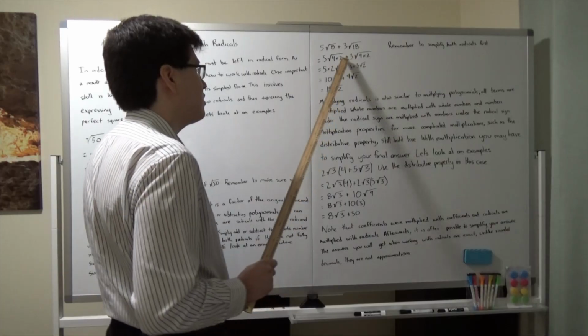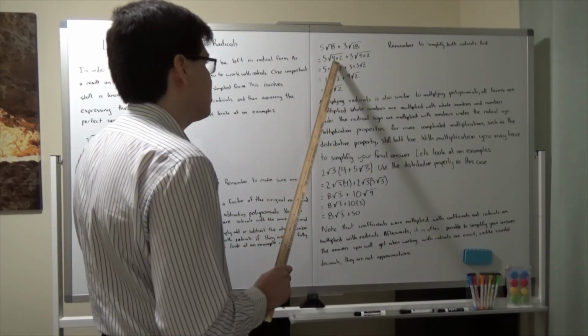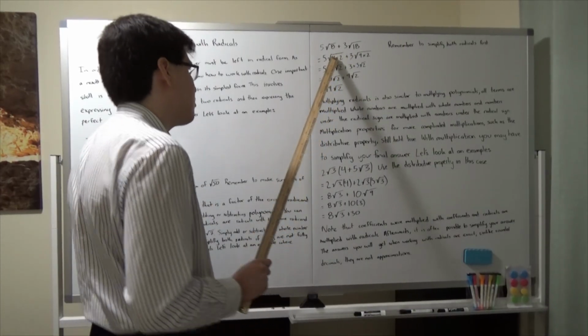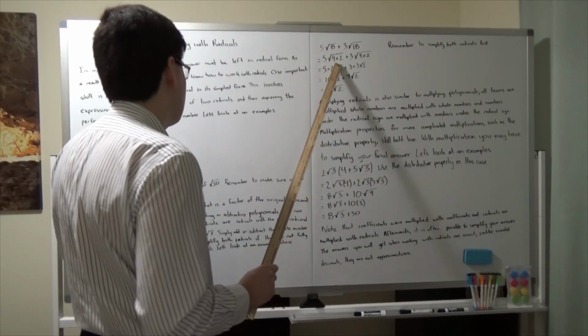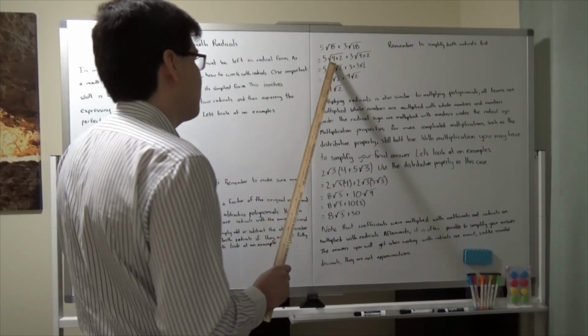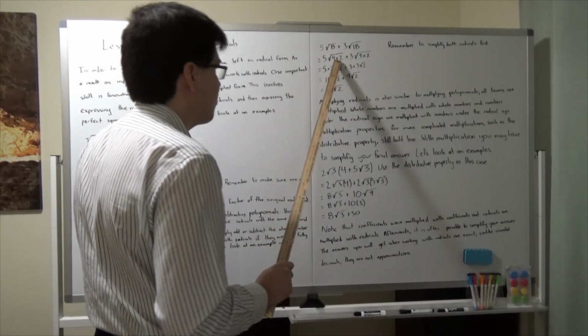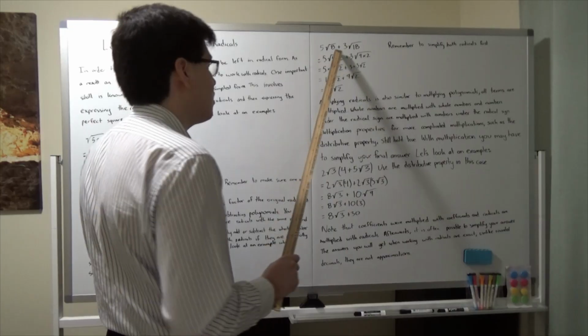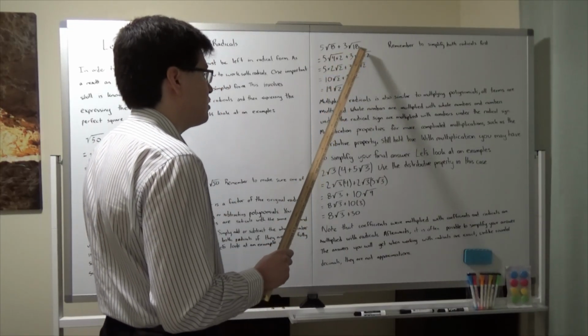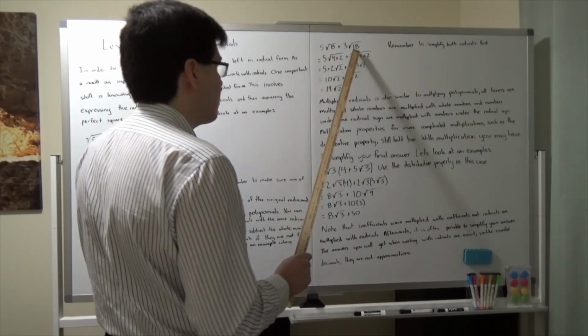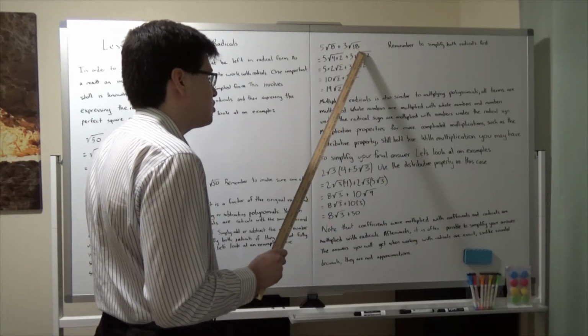We have to take the perfect square radical that is the largest perfect square radical that is a factor. So we take root 4. 4 is the largest perfect square radical that is a factor of the original number.